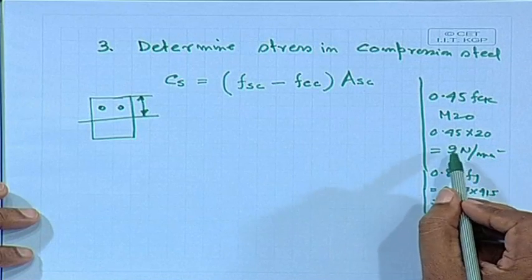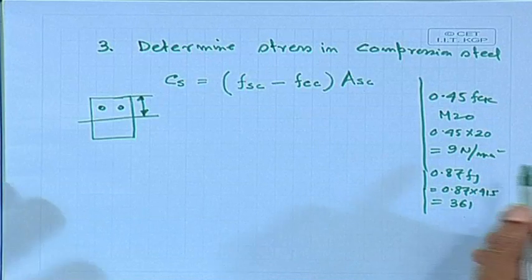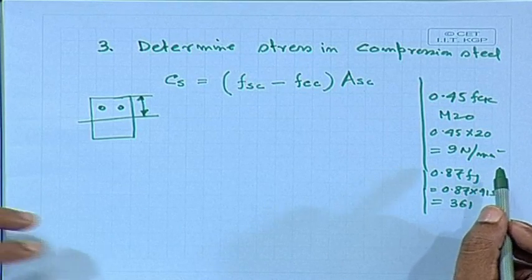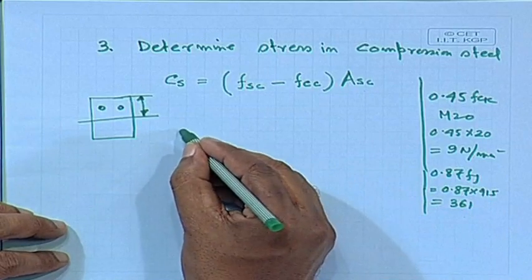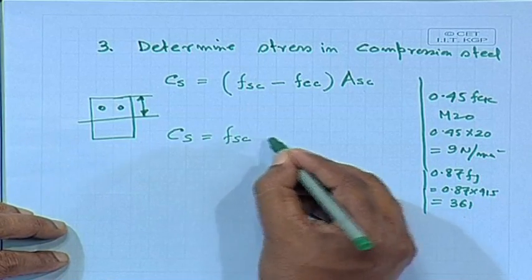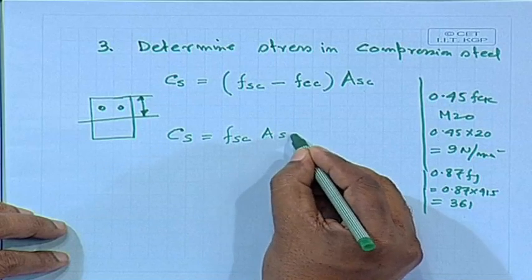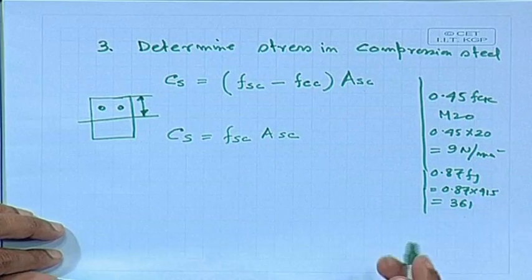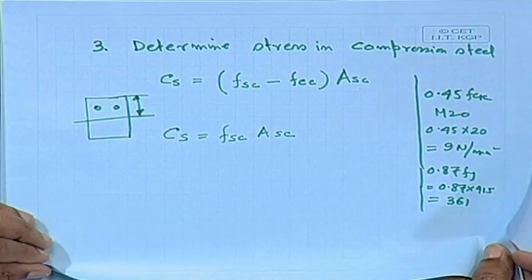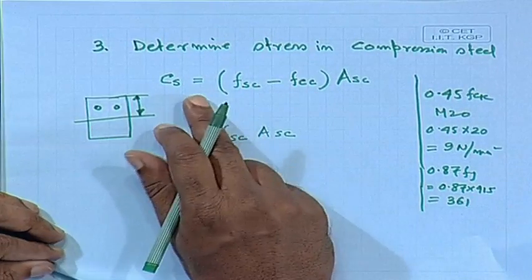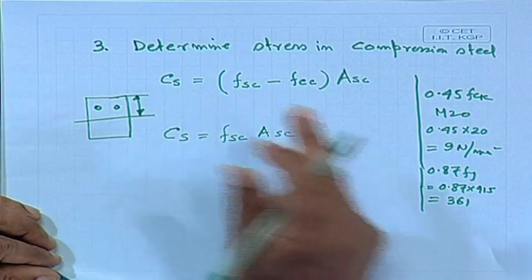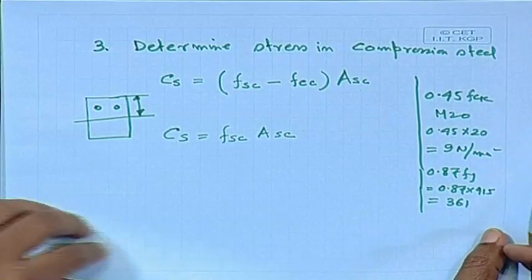So, in this case we can neglect this 9, and our code also, in Annex G, you will find that it neglects it, and we can write Cs equal to Fsc times Asc. Okay. So, this is the compressive force due to the steel in the compression side.